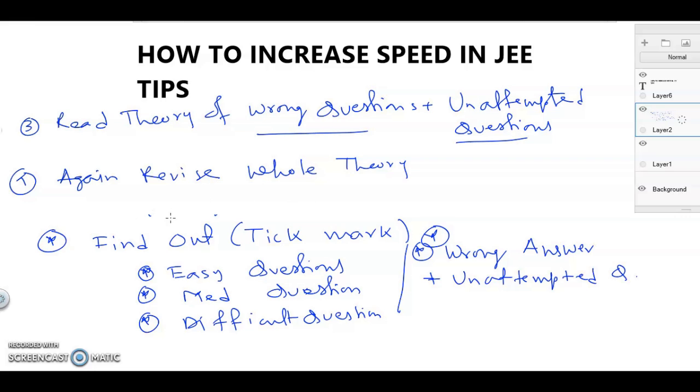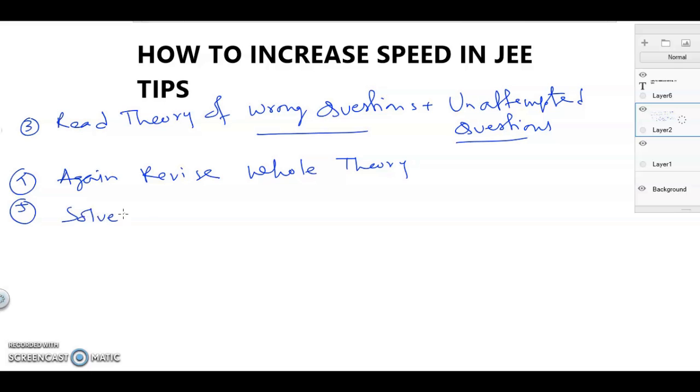The fifth step is to solve or give exams, and the most important thing is using a timer. It will make you more efficient for your exams. In this step, remember this sub topic: solve the medium type questions, because you tick marked them earlier. Suppose you solved the 2018 previous year paper the first time.